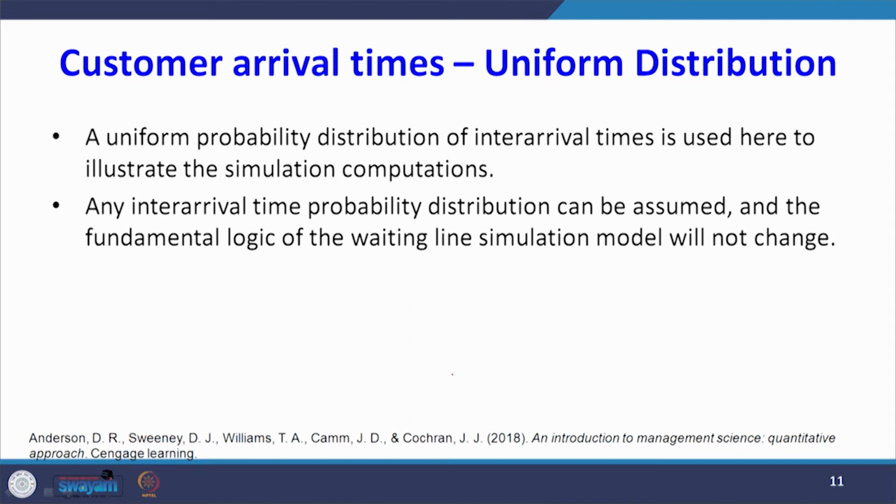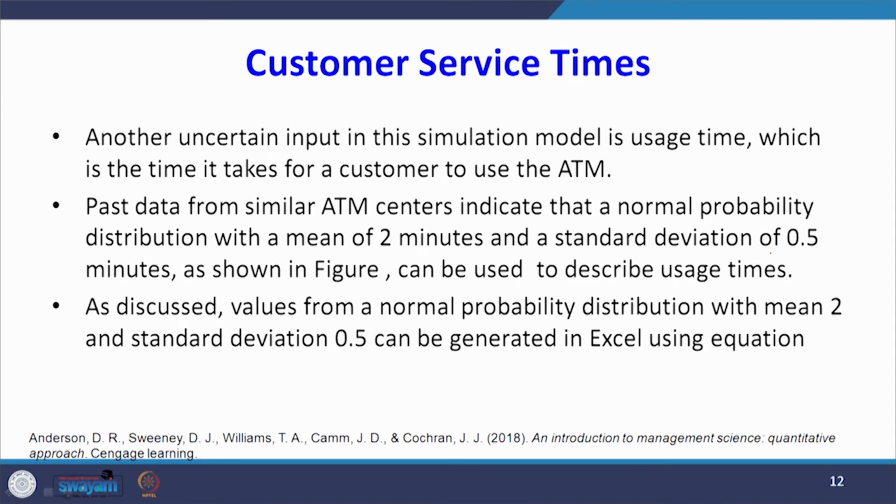But in this problem, we have taken that inter arrival time follows a uniform distribution. And the fundamental logic of the waiting line simulation model will not change. You can assume any type of distribution for the arrival pattern. So, the logic of simulation will not change, but in this problem we are going to assume that the inter arrival pattern follows a uniform distribution.